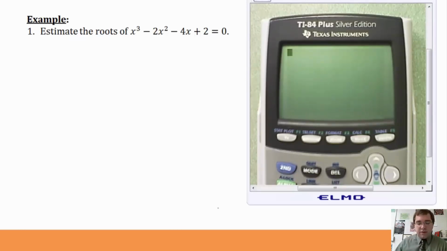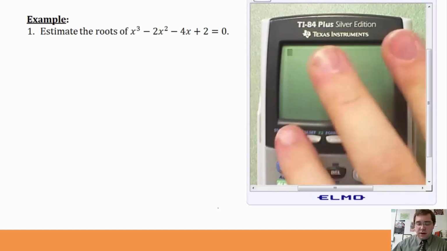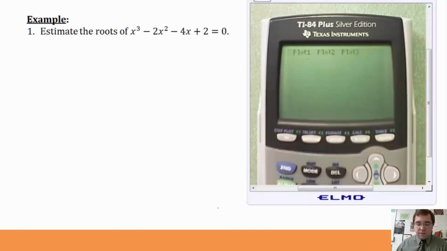So we're going to graph this on our calculator. We're going to go to y equals. We're going to enter in our entire equation minus the equals 0 part, just the left-hand side. So x, which is the button right below mode, cubed, and I can just use the caret key, that little arrow thing above the division sign, and I can put in a 3.